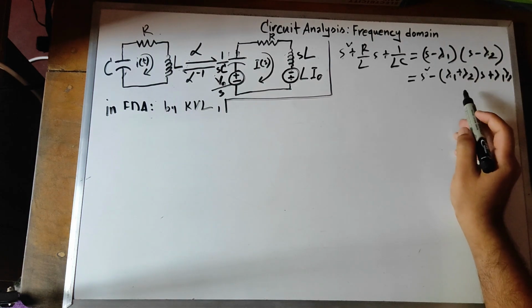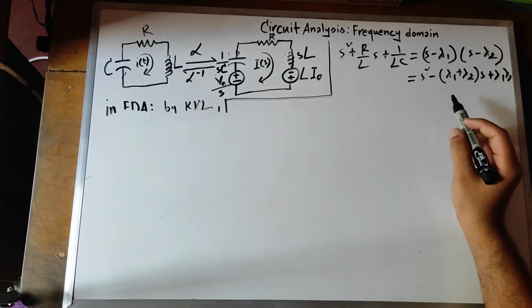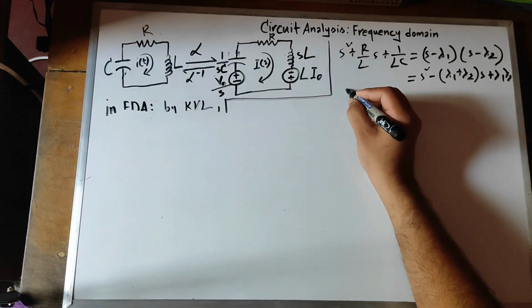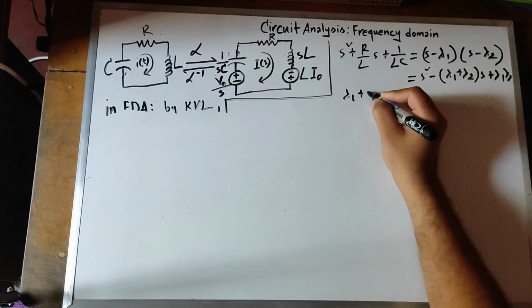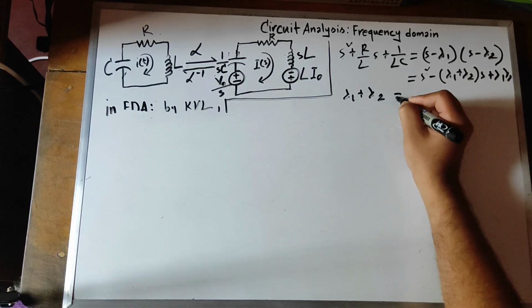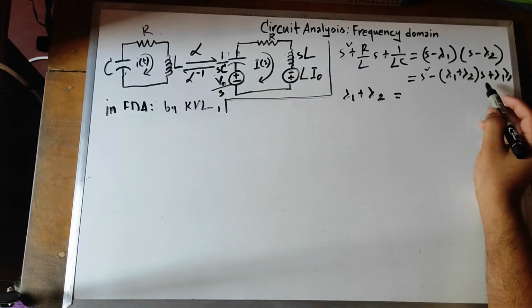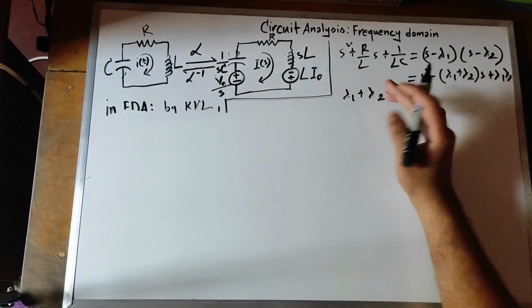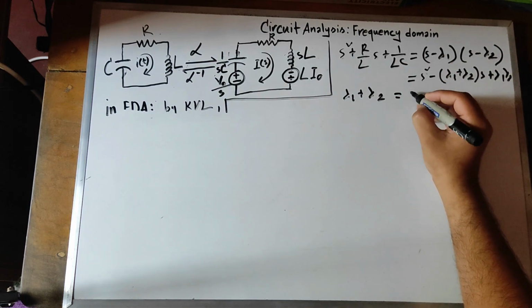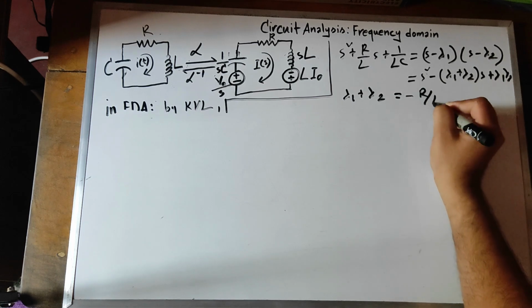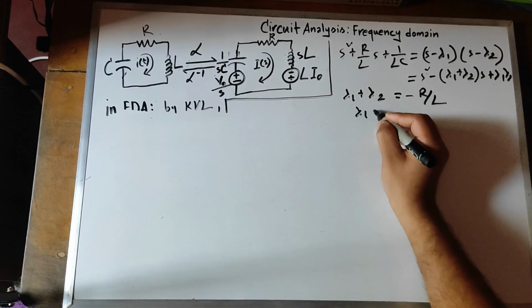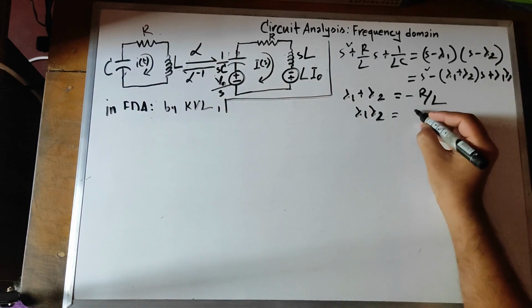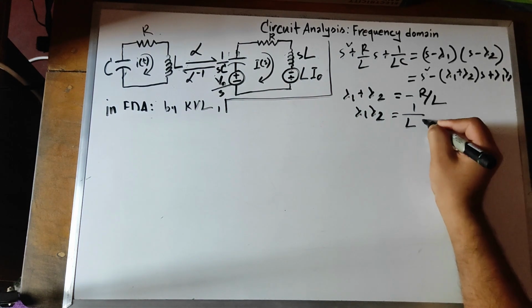If we equate the coefficients, lambda 1 plus lambda 2 equals minus R by L, and lambda 1 cross lambda 2 equals 1 by LC.